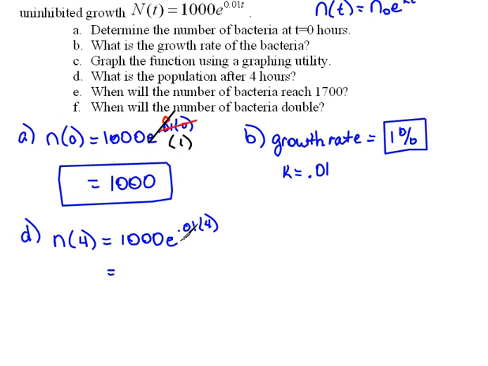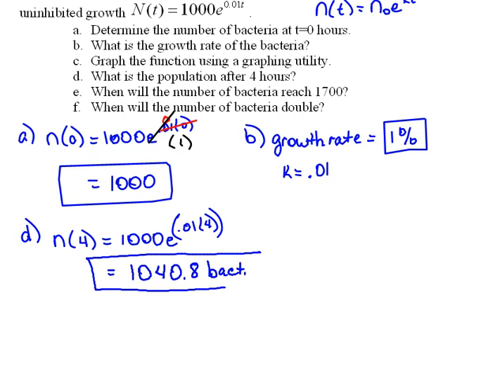You just have to make very sure that you put the entire exponent in parentheses. So 1000 e raised to the 0.01 times 4 power, close parentheses, we should get 1040.8 bacteria after 4 hours.